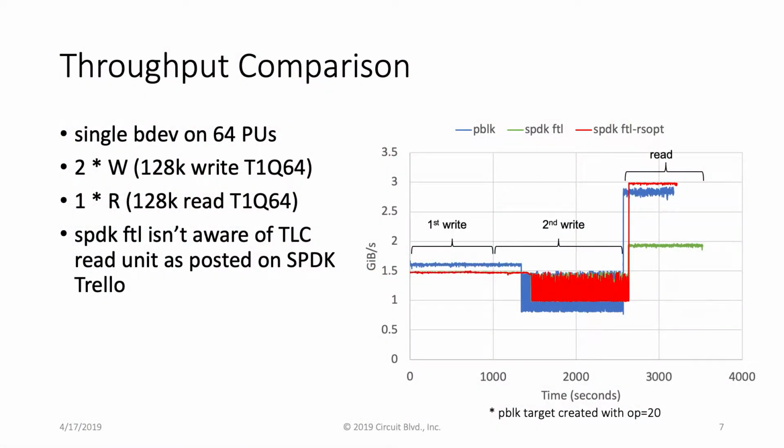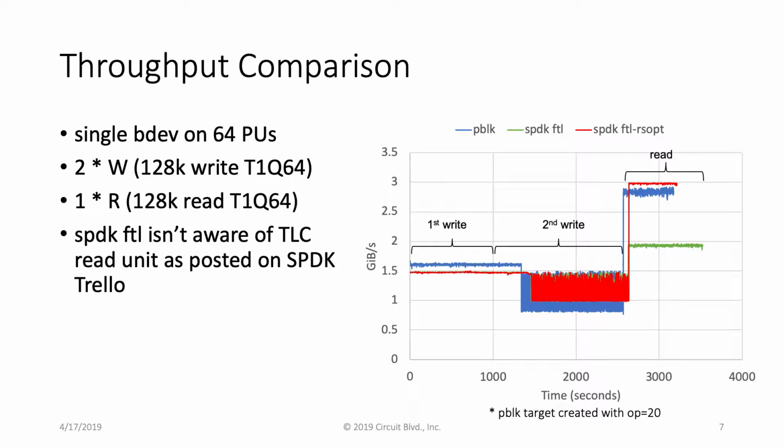So the first thing that we want to do is get a baseline, right? We want to get the baseline to see that our system is running properly. So what we did is we configured our platform as a single block device with 64 physical units. And then we ran 2 full write cycles of 120K bytes, but we ran this with a single thread with a queue depth of 64.